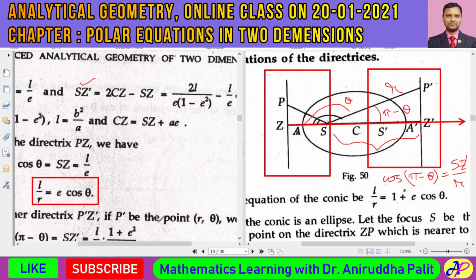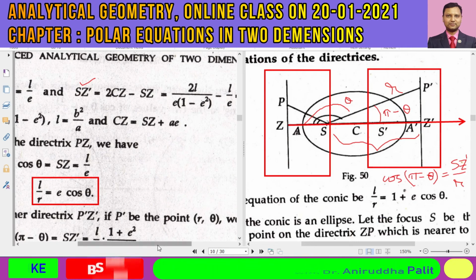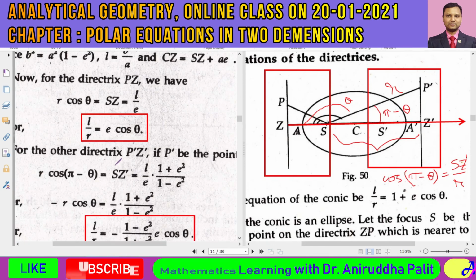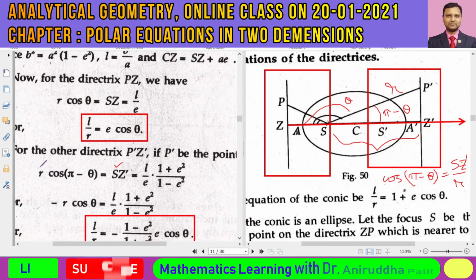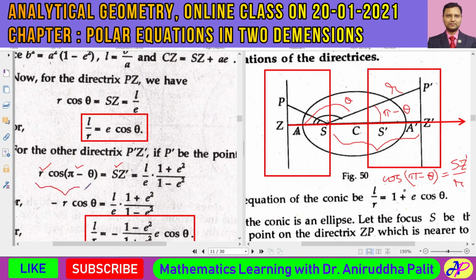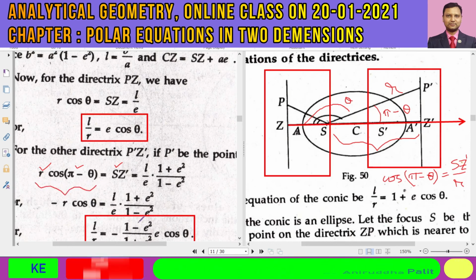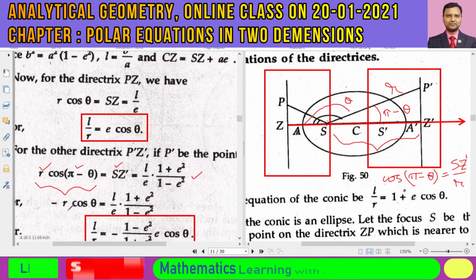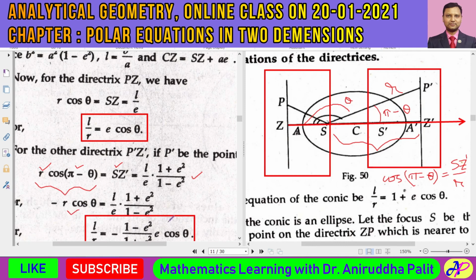Got it? So in this fashion, you will get this result: SZ prime is equal to r cos of pi minus theta. And SZ prime is equal to L by E into 1 plus E square divided by 1 minus E square, and cos of pi minus theta can be considered as minus cos of theta.